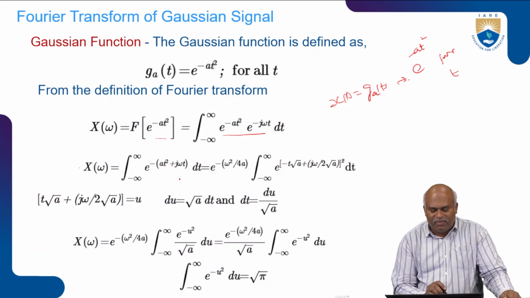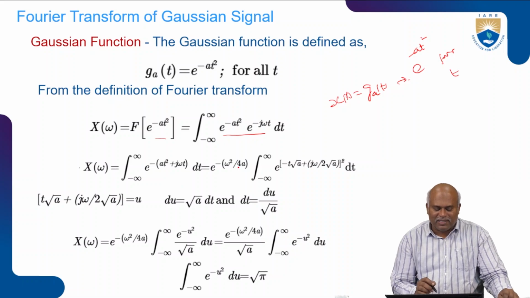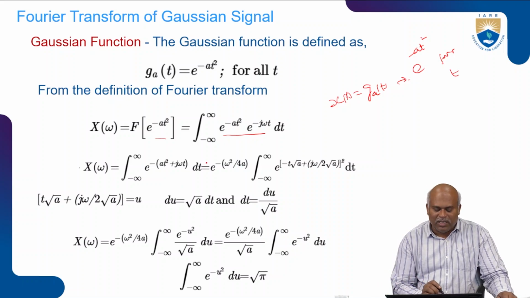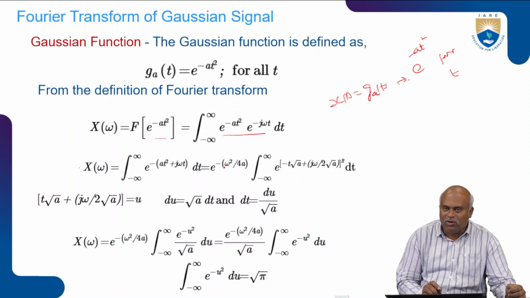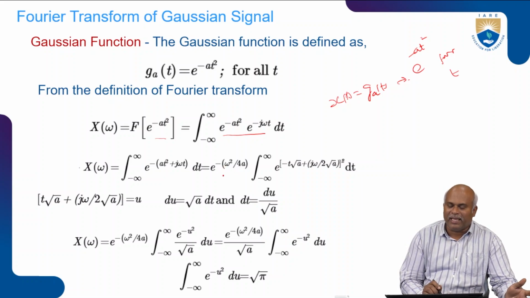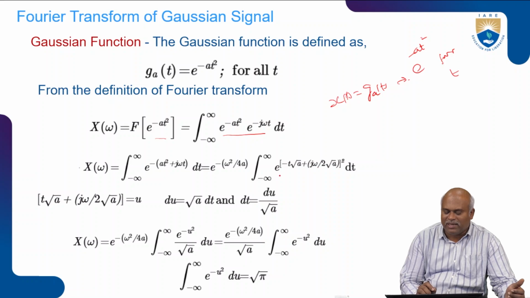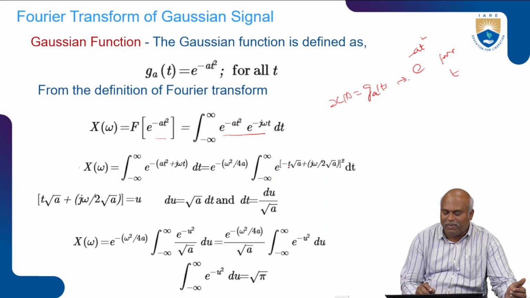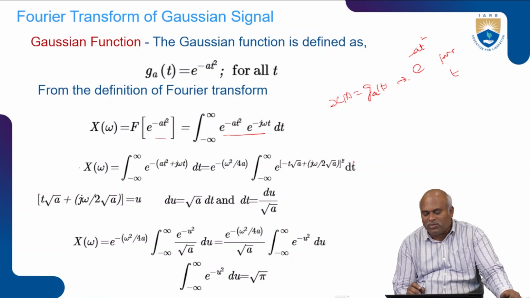Now in this term we have a constant except for the t, so we take it out: that will be e power minus omega square divided by 4. The remaining portion we write inside the integration, minus infinity to plus infinity of e power of minus (t by root 2 plus j omega by 2 root) whole square.